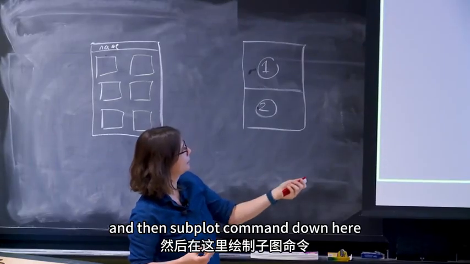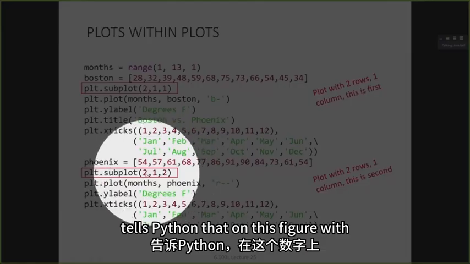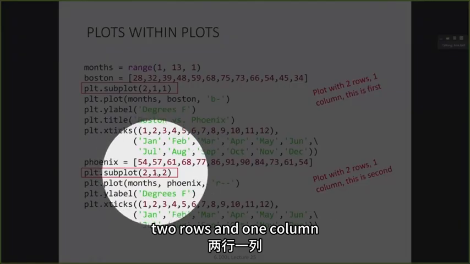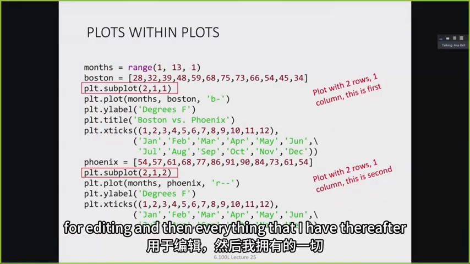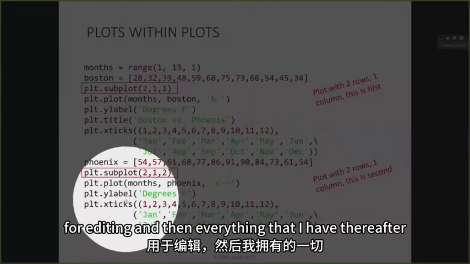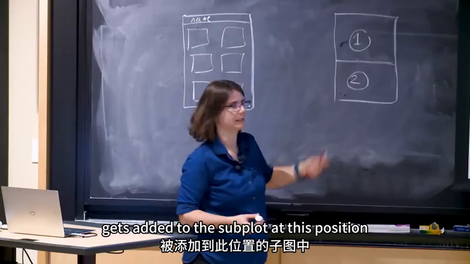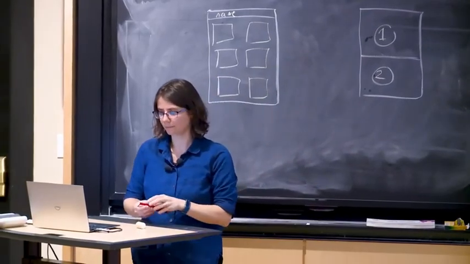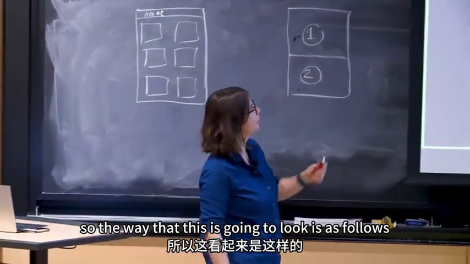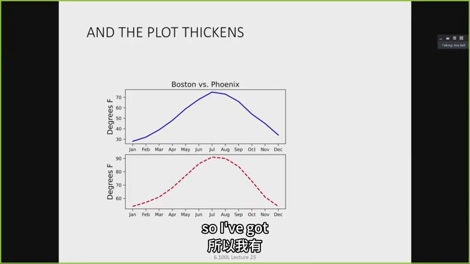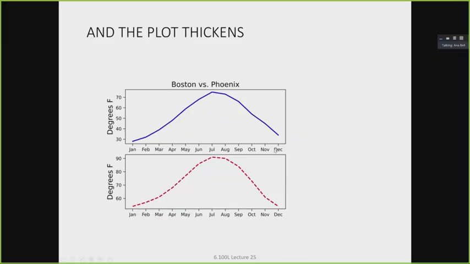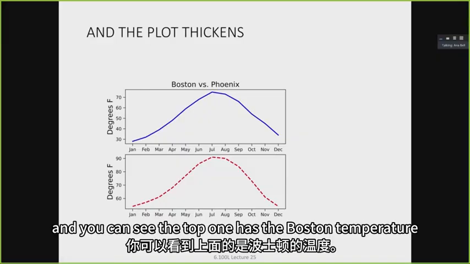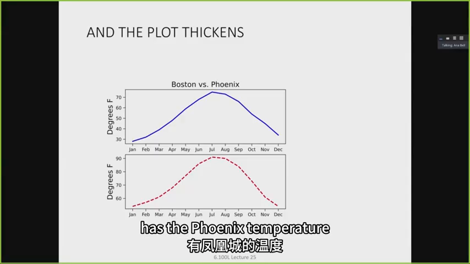And then the subplot command down here tells Python that on this figure with 2 rows and 1 column, I would like to now open position number 2 for editing, and then everything that I have thereafter gets added to the subplot at this position. So the way that this is going to look is as follows. I've got just one window that gets created, and you can see the top one has the Boston temperature and the bottom one has the Phoenix temperature.